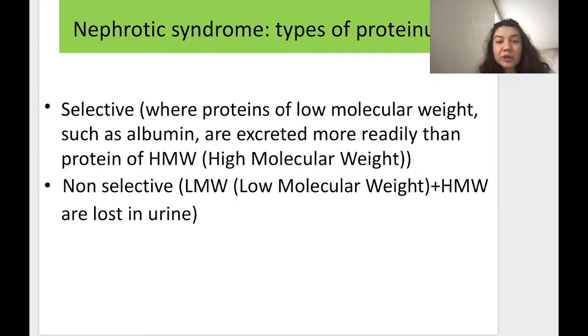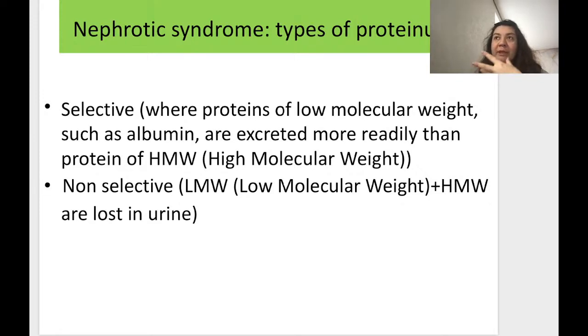Types of proteinuria: we can divide it into another 2 different types. It is selective and non-selective. What does it mean? It means the level of damage to the membrane. In one case, only low molecular weight proteins like albumins go from the kidney.